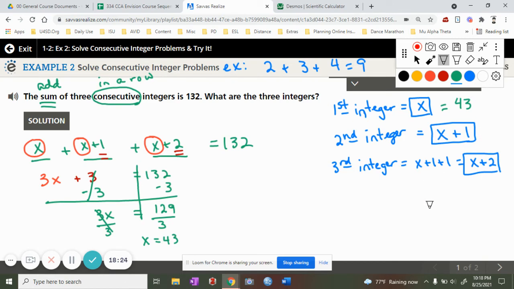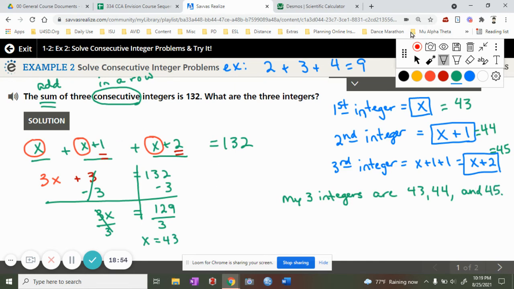What comes next? One more is 44, and 2 more is 45. Okay? So my 3 integers are 43, 44, and 45.